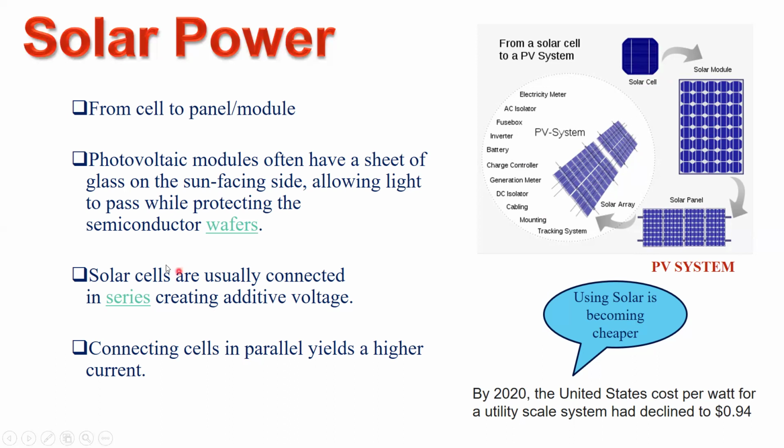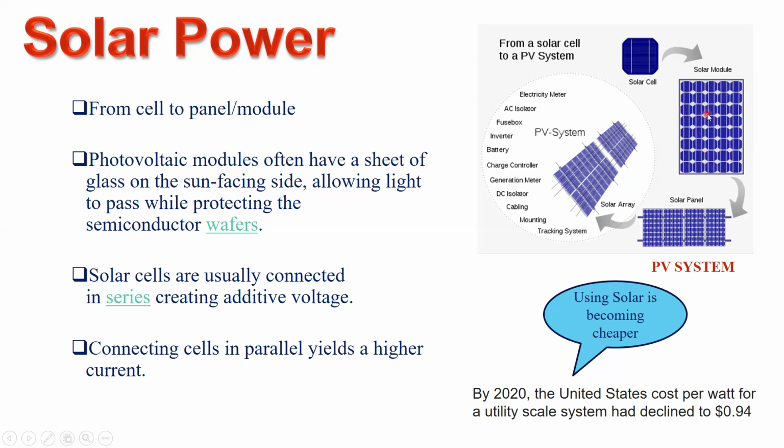Okay. So solar cells are usually connected in series, creating additive voltage. So for example, this unit cell is producing 1 volt output. That is placed here, and all such solar cells are connected in series. So the total voltage will be 1 plus 1 plus 1 plus 1 and so on up to all the units. So if there are 40 units and each of these cells is able to produce 1 volt DC, then the total voltage produced will be 40 volts, because they are connected in series.